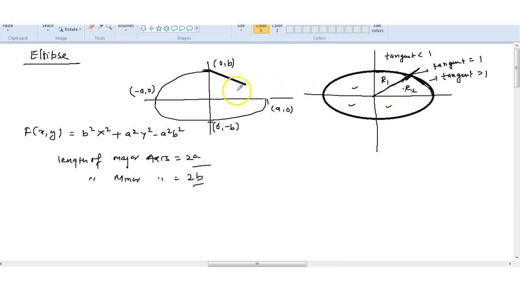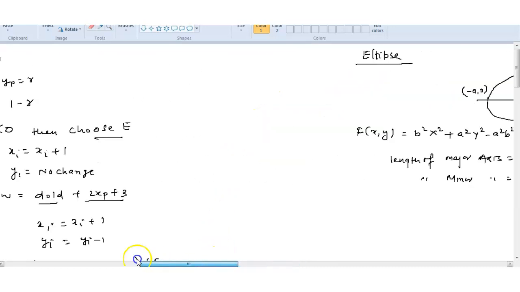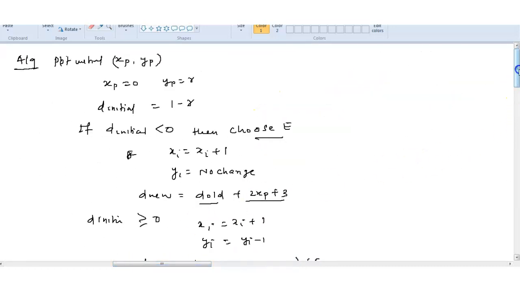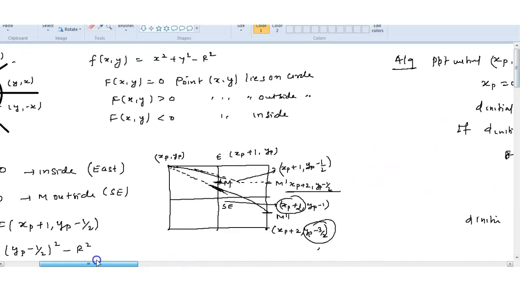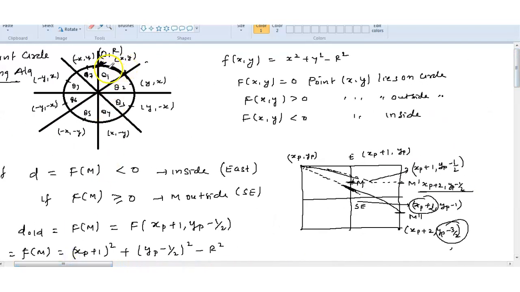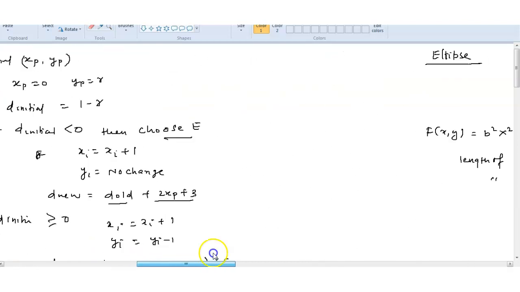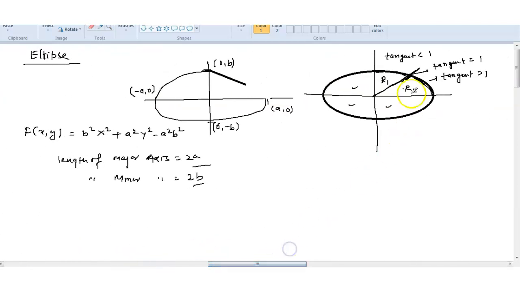In the case of the circle, Q1 and Q2 were also symmetric, so we took it as a whole 8-way symmetric coordinate. But in this case of the ellipse, the regions R1 and R2 are not symmetric, because x and y here are changing at a small rate, and here x and y are changing very speedily.